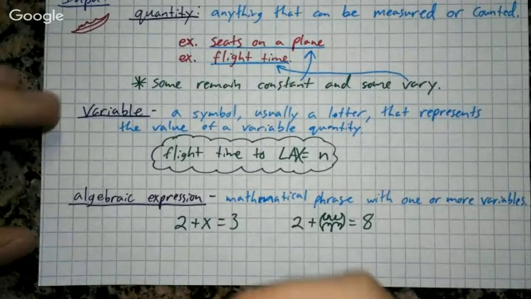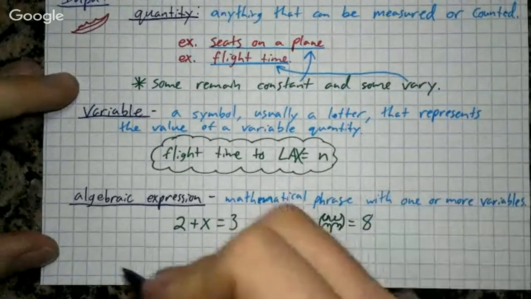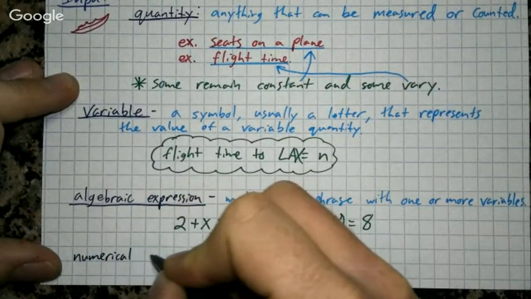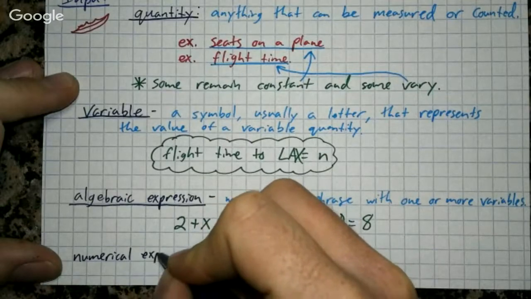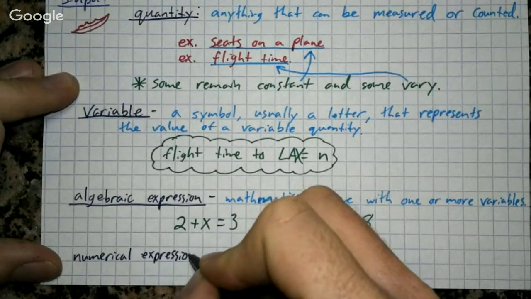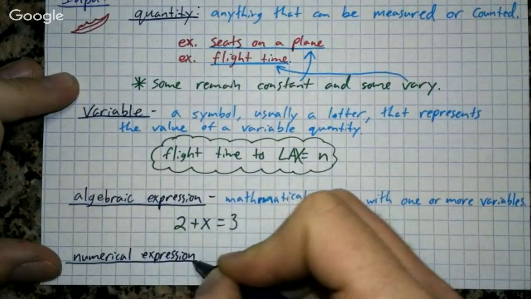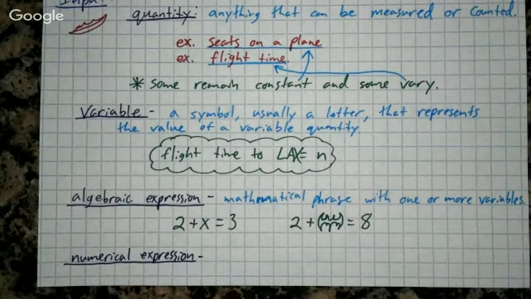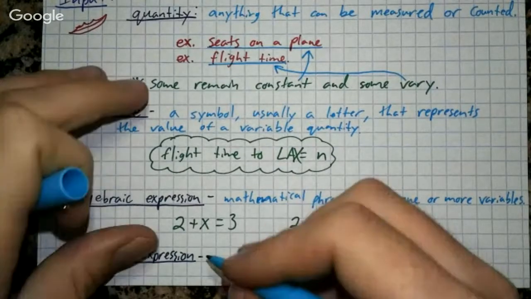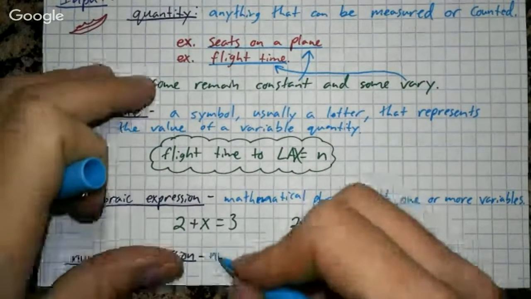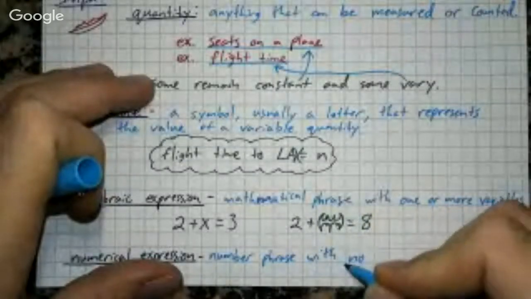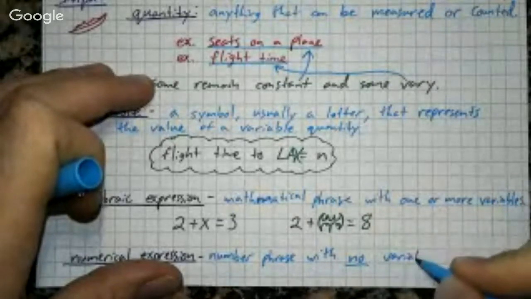And next, our last one is going to be a numerical expression. Now, an algebraic expression is a little bit more complicated because it has that symbol in there. A numerical expression is just a number phrase with no variables.